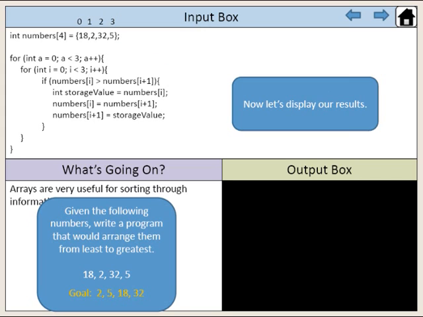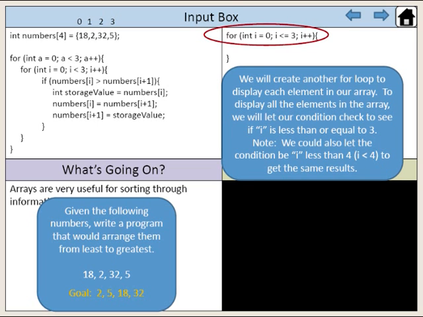Now, let's display our results. We will create another for loop to display each element in our array. To display all the elements in the array, we will let our condition check to see if I is less than or equal to 3.